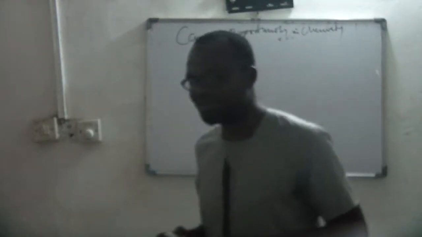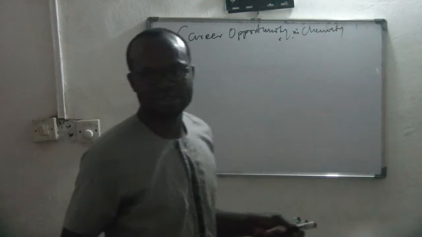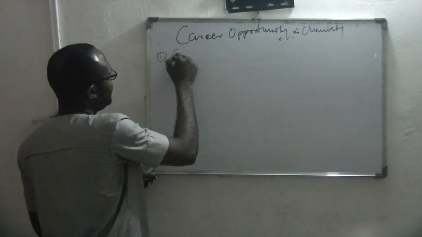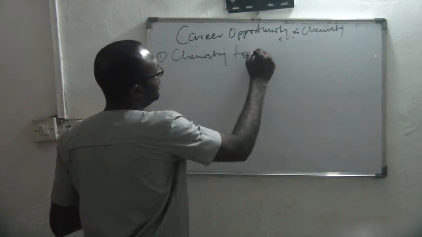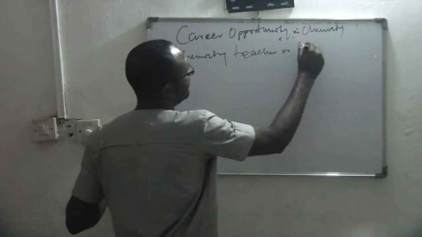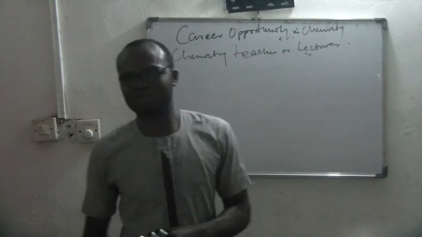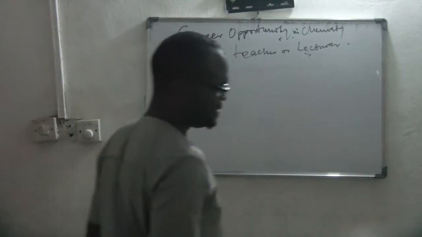So when you study chemistry, what kind of career can you build with your knowledge of chemistry? Number one, you can be a chemistry what? Chemistry teacher or lecturer. So you can become a chemistry teacher or lecturer when you study chemistry. Is it not? Yeah. Good.